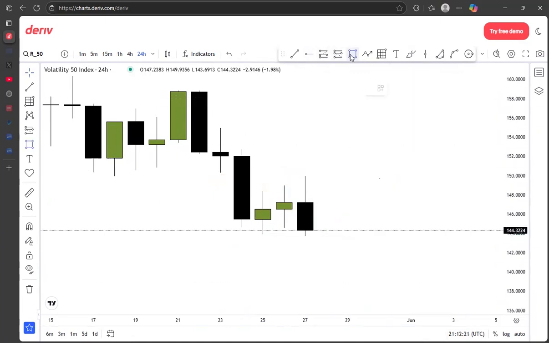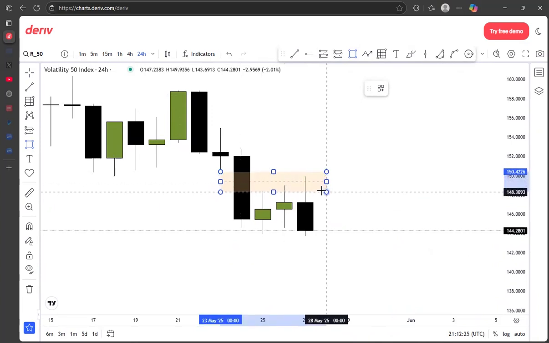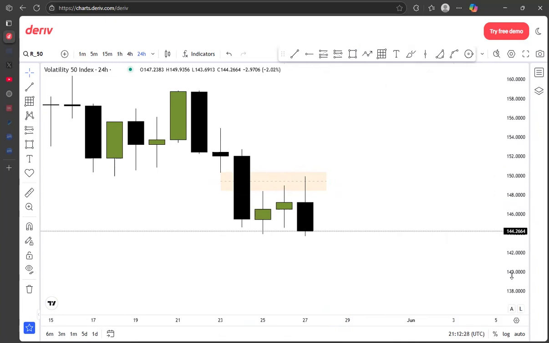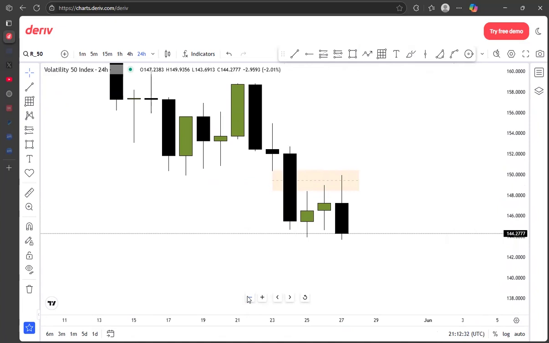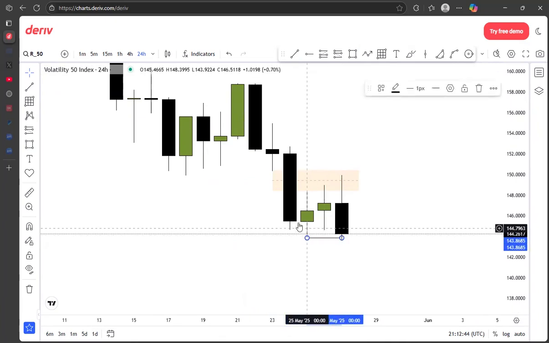I was saying price was resting on this daily fair value gap, and price resting below, within this daily fair value gap means we are likely to go for a low, right? This is a low which was acting as my next draw on liquidity, which is this 25 May low here.